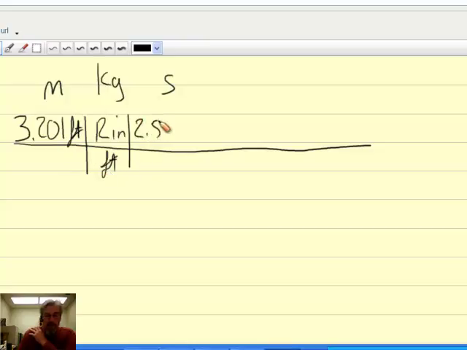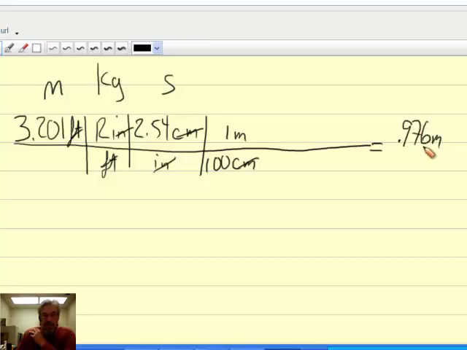There are 2.54 centimeters in an inch, so that's going to change our distance to centimeters, but we want it in meters, so we'll use this fact. 100 centimeters is the same thing as 1 meter, to get us into meters. Cancel centimeters out. So when I do this conversion, here's what I find out. This distance, 3.201 feet, is 0.976 meters, just shy of a meter.